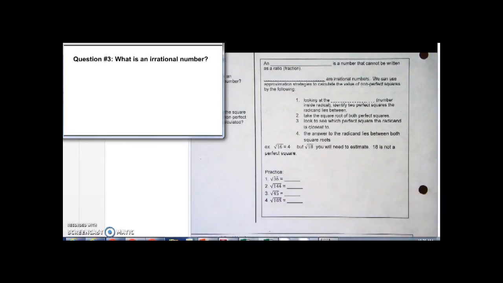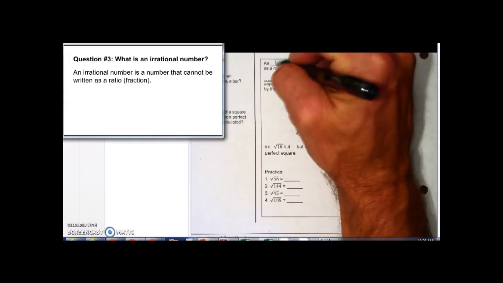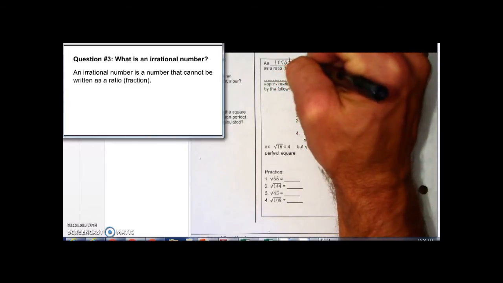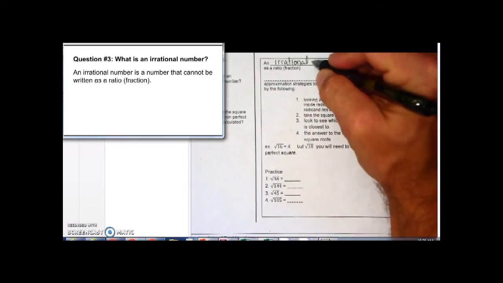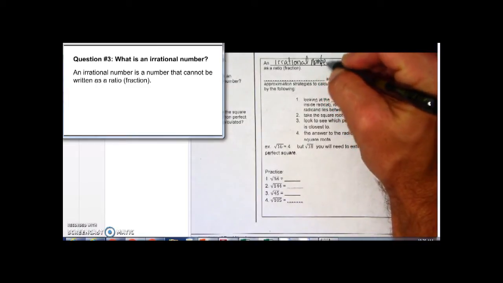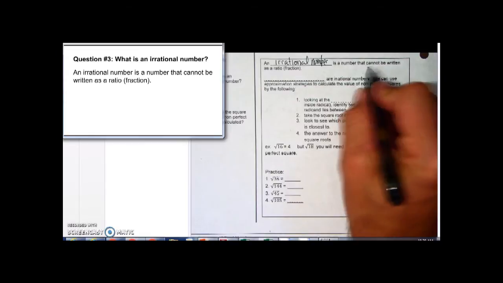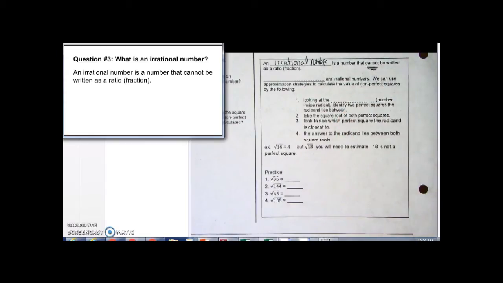All right, question number 3. What is an irrational number? An irrational number is a number that cannot be written as a ratio.